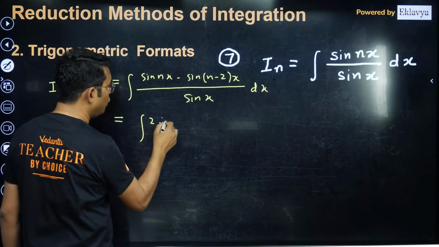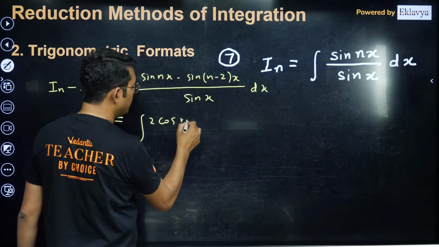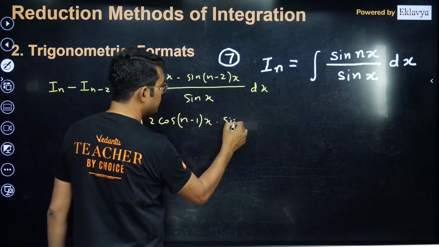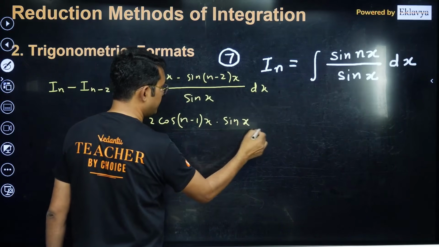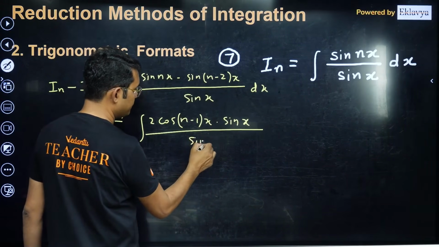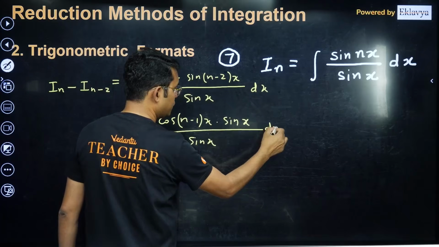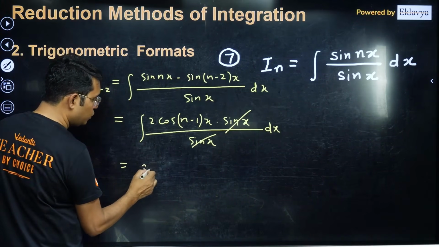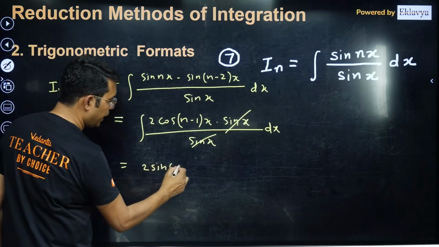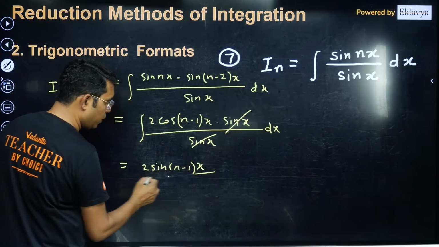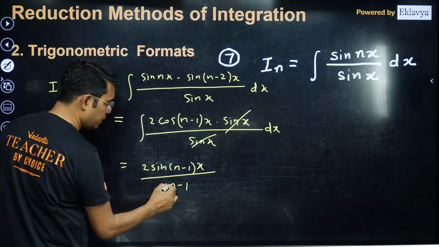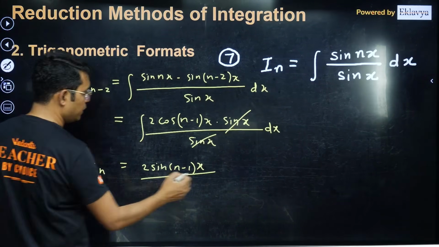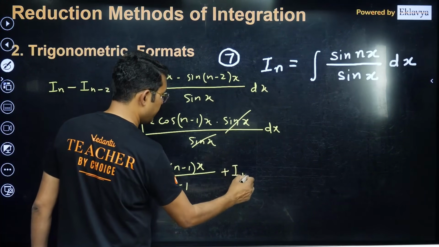So this becomes 2 cos of (c plus d) by 2, which becomes (n minus 1)x, and then sine of (c minus d) by 2, so sine x upon sine x dx. Now sine x can be cancelled, so you will get the integral to be 2 sine (n minus 1)x upon (n minus 1). So what we have got is I n equals this plus I n minus 2.